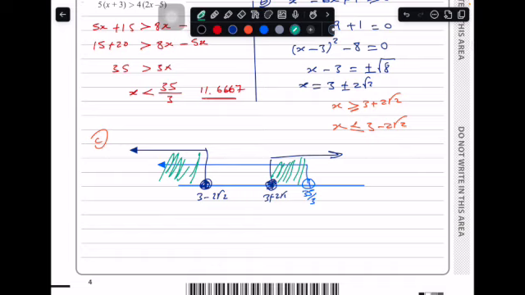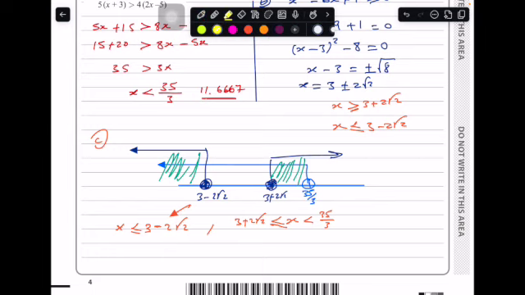So we have two separate answers. X is smaller than 35 over 3 and greater than or equal to 3 plus 2 root 2. In this part, it is only x smaller than or equal to 3 minus 2 root 2. So we have two separate answers.